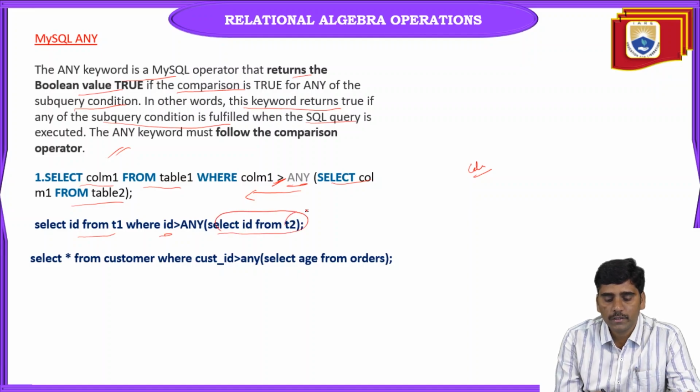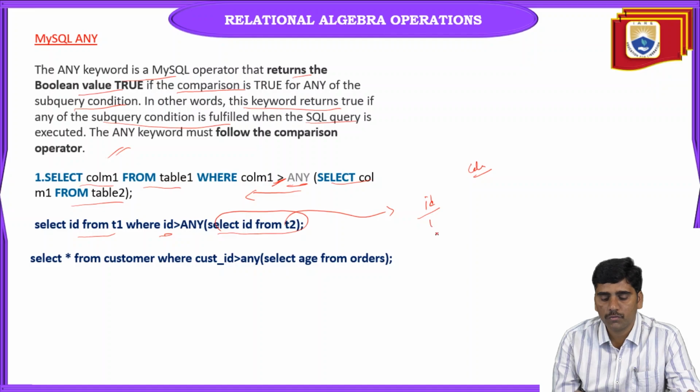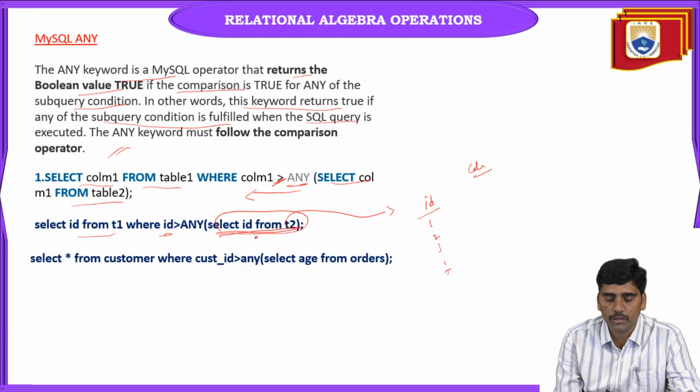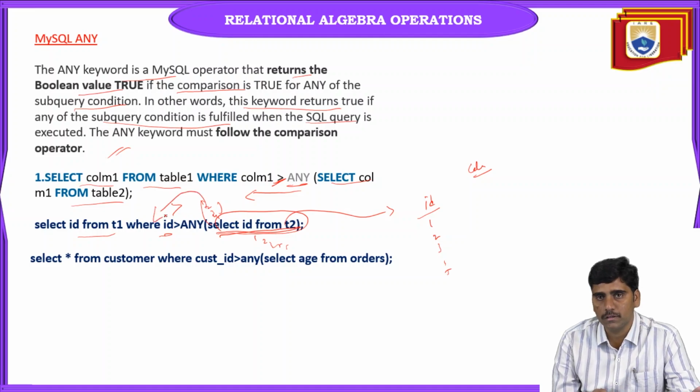First it executes the inner query, select ID from table 2. It displays IDs like 1, 2, 3, 4, 5. After the result of the second query, it executes the first query: select ID from T1 where ID greater than any of 1, 2, 3, 4, 5. So the IDs greater than any of these will be displayed here.